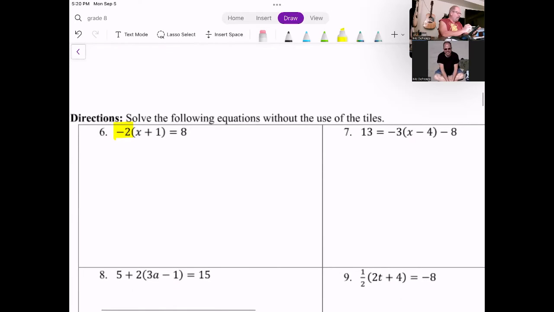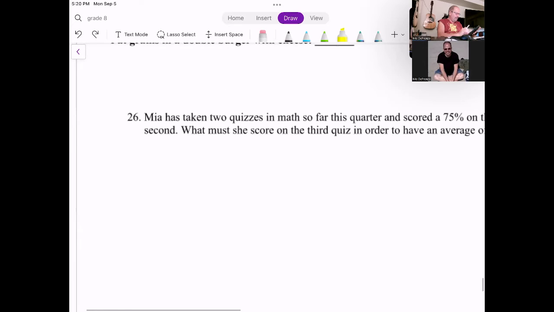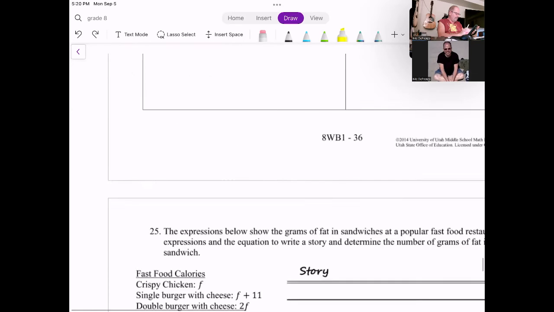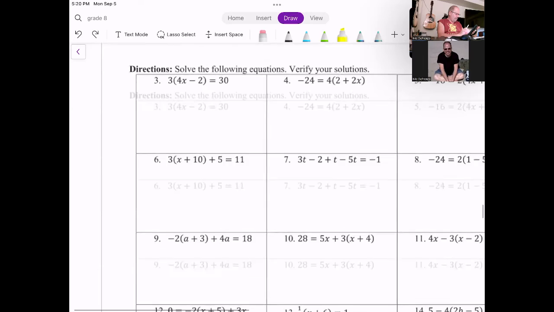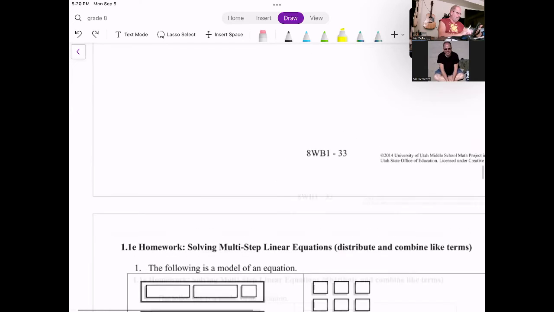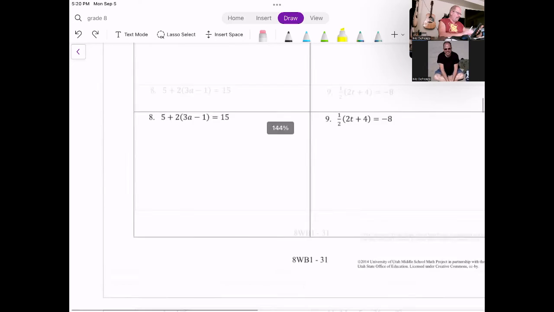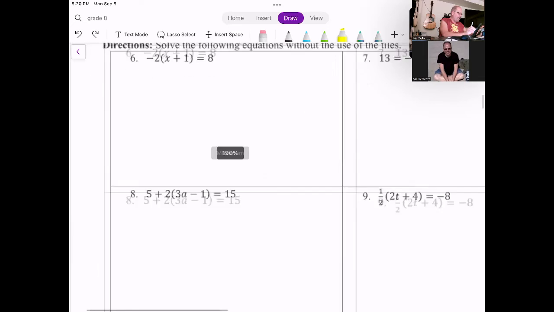Okay, so what we're going to do is distribute that -2. Where did it go? Okay, we went all the way back to the beginning problems. And here we go, -2, there it is.